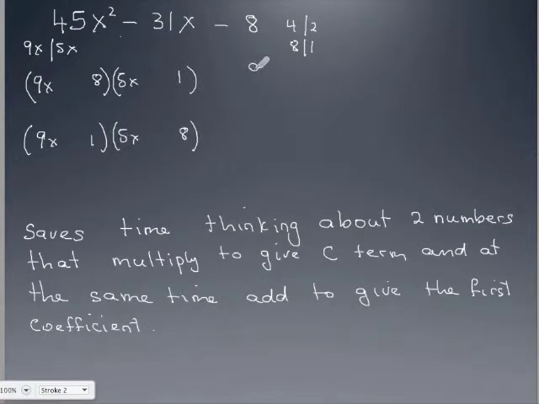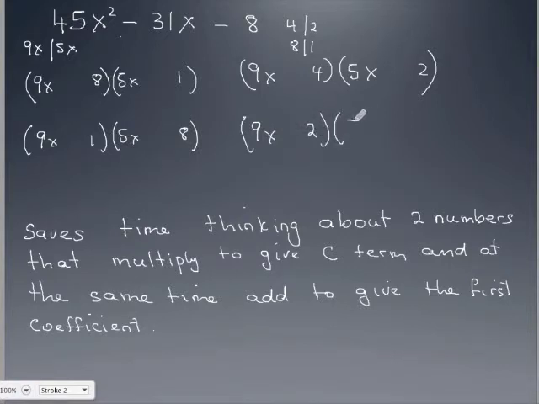We can try 9x, 4 here, 5x and a 2. We can say 9x, and you can trade this to 5x, 4.